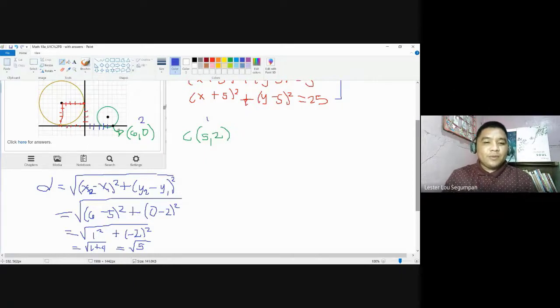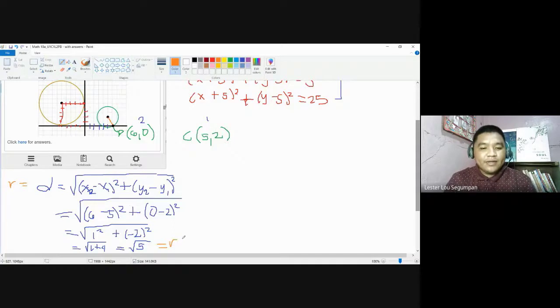This is the distance between the 2 points: the center at 5, 2, and the point on the circle, 6, 0. This distance is also the value of the radius. So the square root of 5 is also your radius.